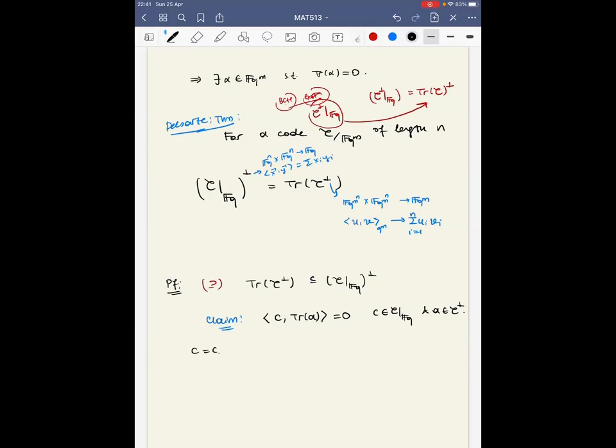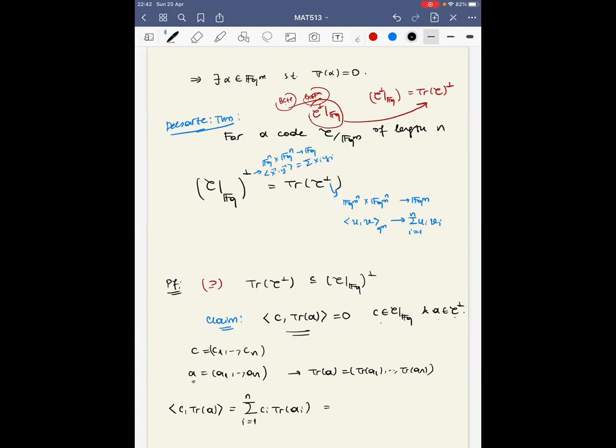And if we write this codeword c and a explicitly by the coordinates, this inner product gives us the sum of the componentwise products. Here by trace of a, what we mean is the trace of each component of the codeword a from C dual.